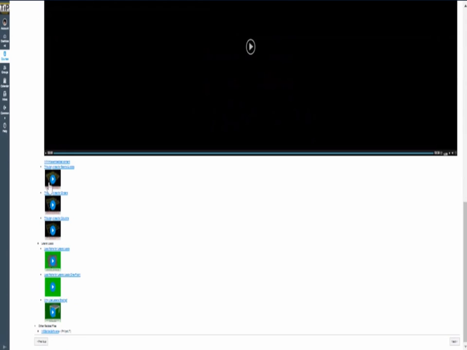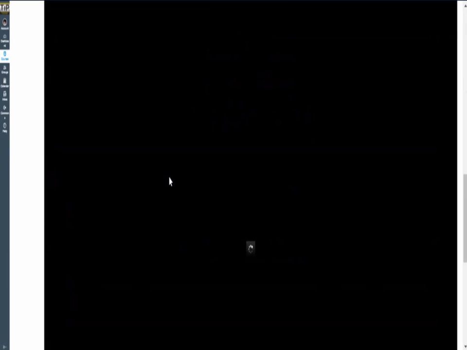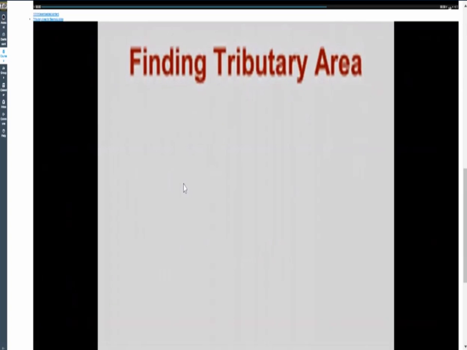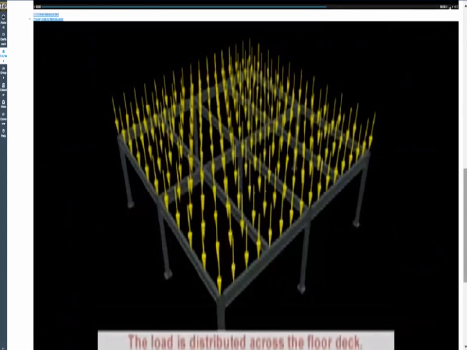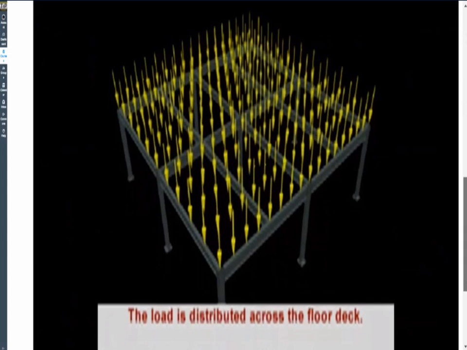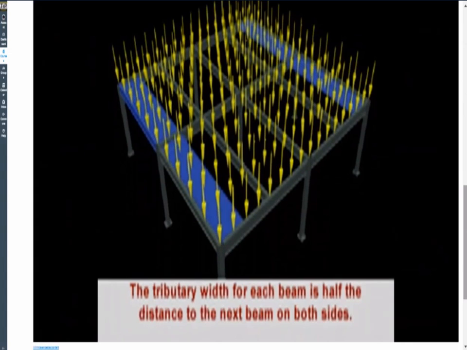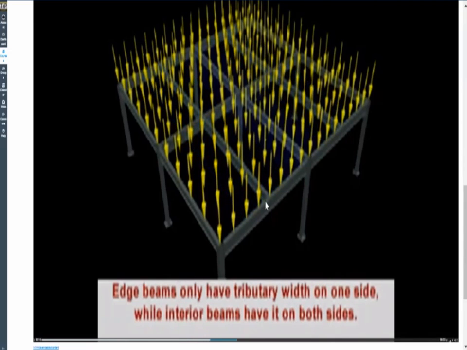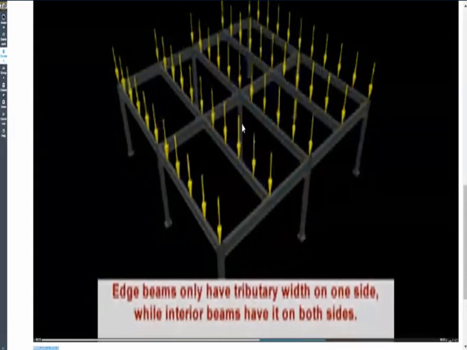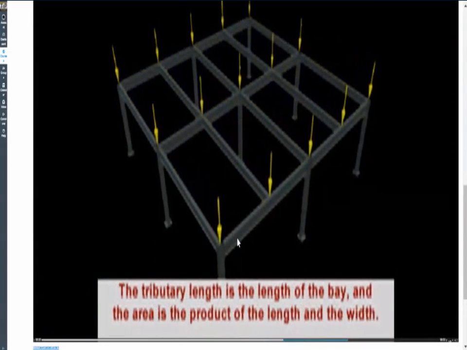Then for the distribution in beams, they only consider here one-way slabs. So that's how we distribute the loads.